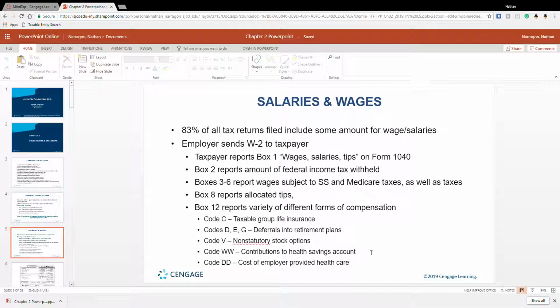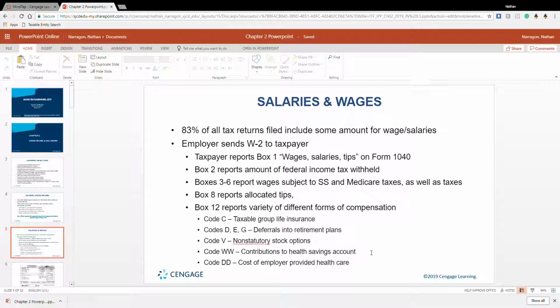Box 3 through 6 shows Social Security, Medicare, and any other taxes. Sometimes the state will have a tax that gets pulled out of your wages. Box 8 reports any allocated tips if you're a waiter or waitress, or receive tips in either form.